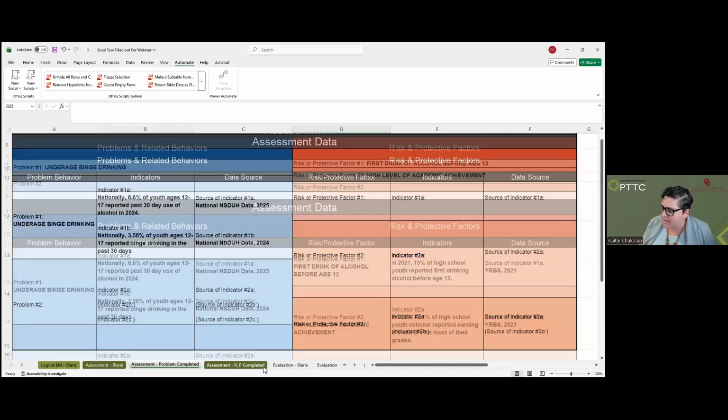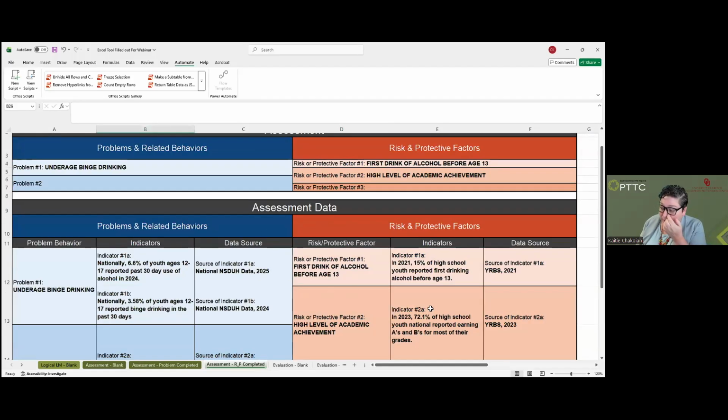In this case, I have this filled out for you already. I'm saying the risk factor I think we should be looking at is that first drink of alcohol before age 13, early initiation of alcohol use. And the indicator that I'm pulling is that in 2021, 15% of high school youth reported first drinking alcohol before age 13. That's from the 2021 YRBS.